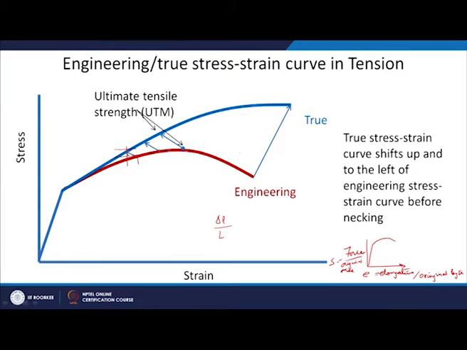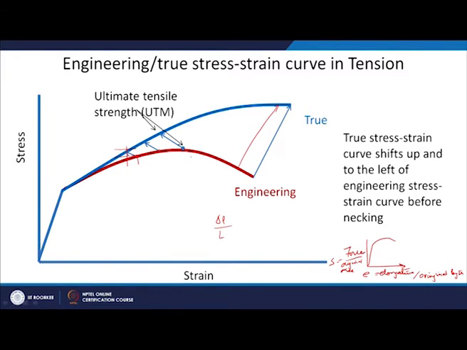Now, you can see that the true strain value is more than the engineering strain. And similarly, of course, the true stress value will always be higher compared to the engineering stress.